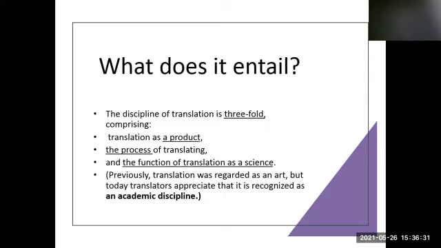This is time. This is effort. This is a lot of thinking. So first I have a product, and also there is a process of doing the job itself. And the third side is the function of translation as a science.